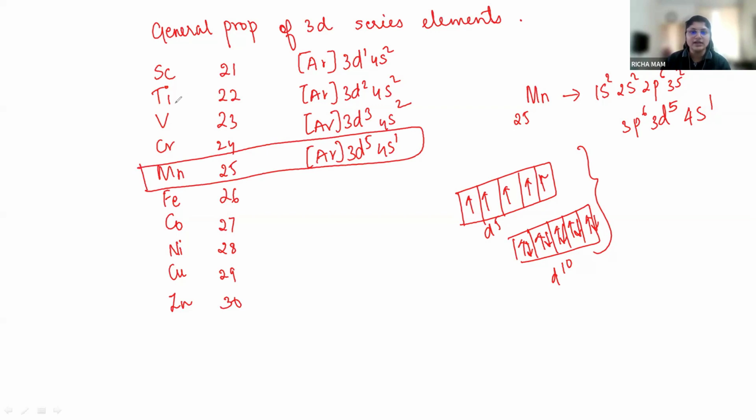I have scandium, titanium, vanadium, chromium. Okay, so like this. Understood? Is it clear? Then the remaining, write it as it is. So this is argon 3d.